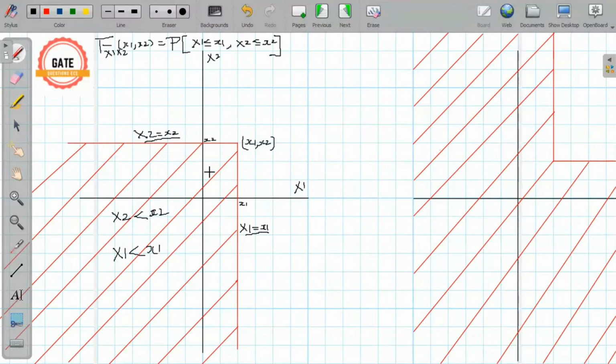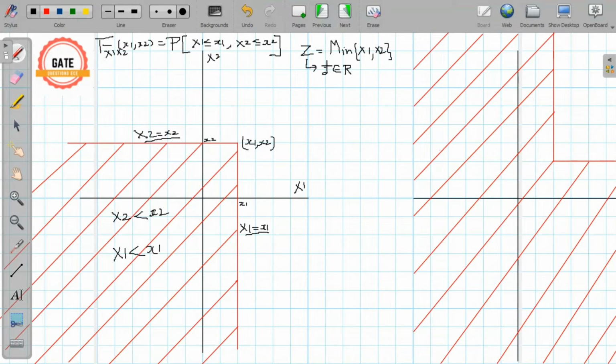So we'll be using all these three definitions, the CDF of X1, the CDF of X2, and this joint CDF, to find the CDF of Z equal to minimum of X1 and X2. Suppose capital Z has some sample value small z, where small z can be any real number from minus infinity to plus infinity.